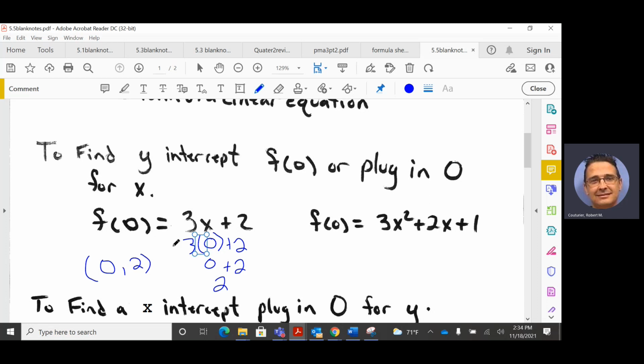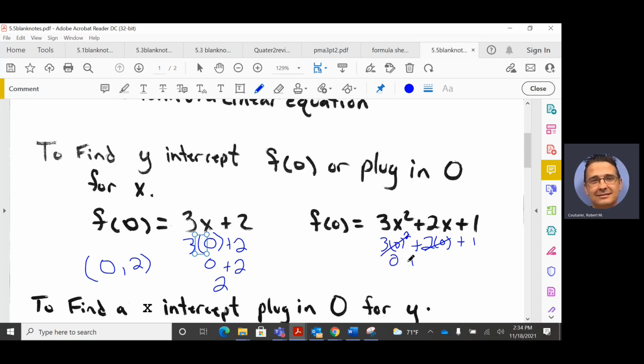Now, we have yet to formally be introduced to quadratics, but it works the same here for this one. We simply need to plug in our 0. I'm going to substitute my 0 for the x. And again, I'm going to substitute my 0 for the x. Well, 0 squared is 0, and 0 times 3 is 0.